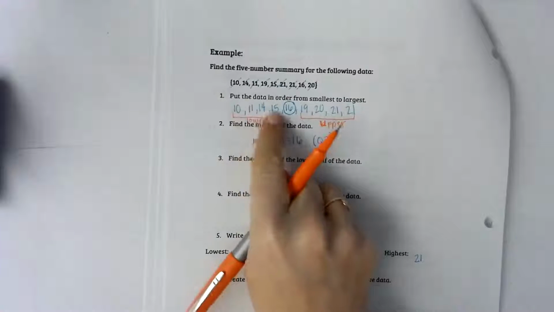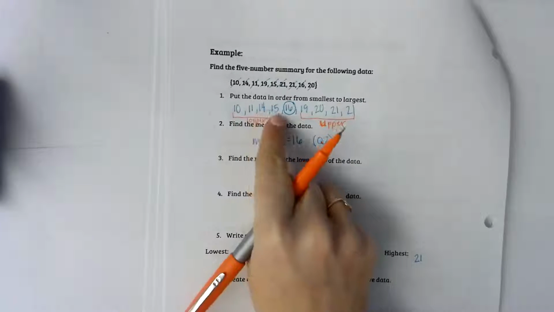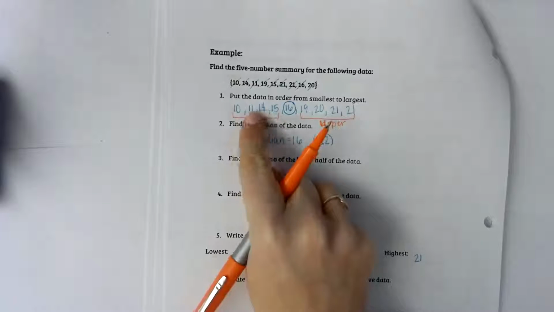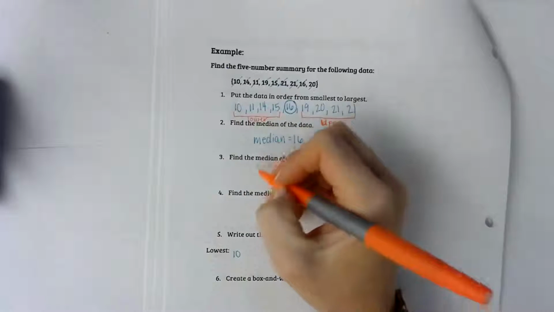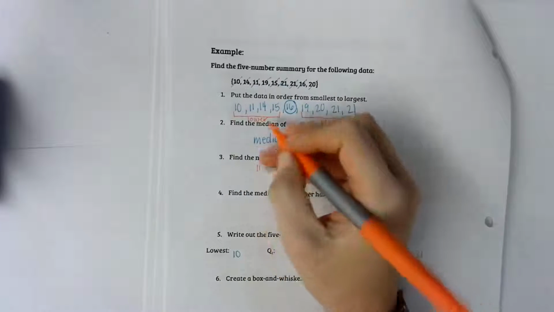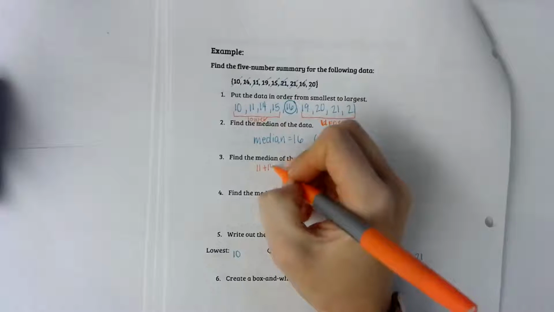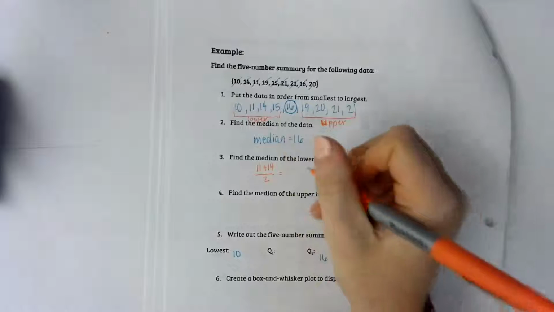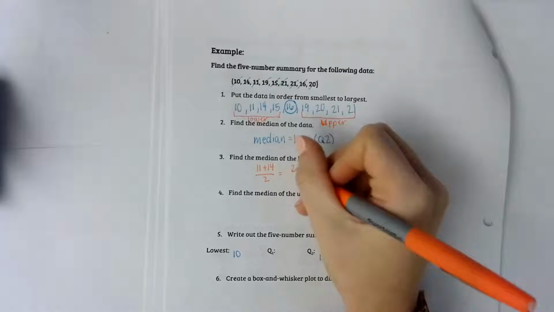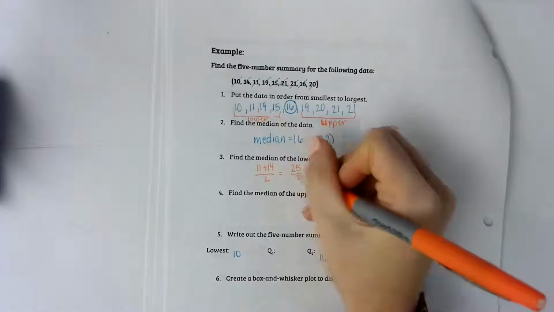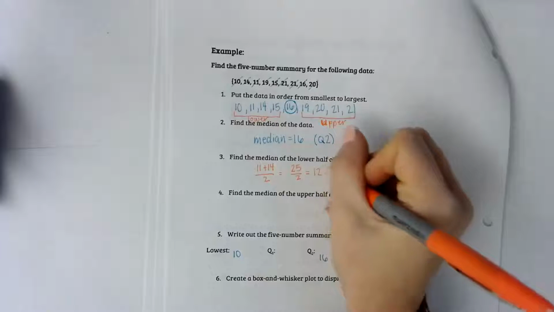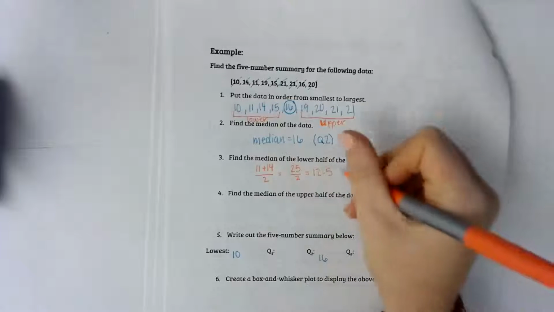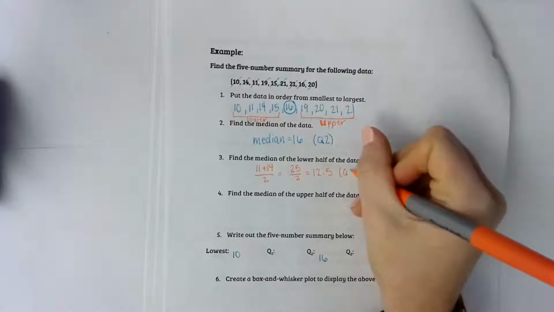Here, because we have an even number of values, I have to take the two middle numbers, which are 11 and 14. I add those together, 25, then divide by 2, which is 12.5. So this is your quartile 1.